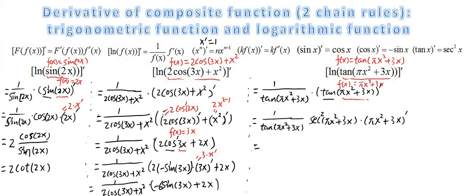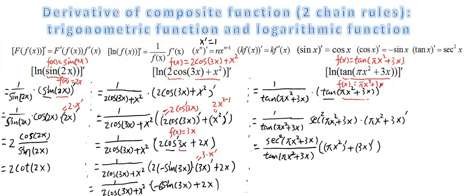So we can write down the derivative for each function, and for the first two terms we can copy it: tangent of pi x squared plus 3x, and then we have pi x squared prime plus 3x prime.